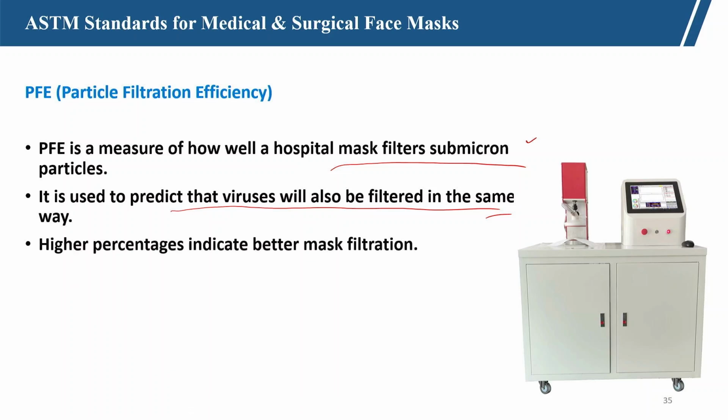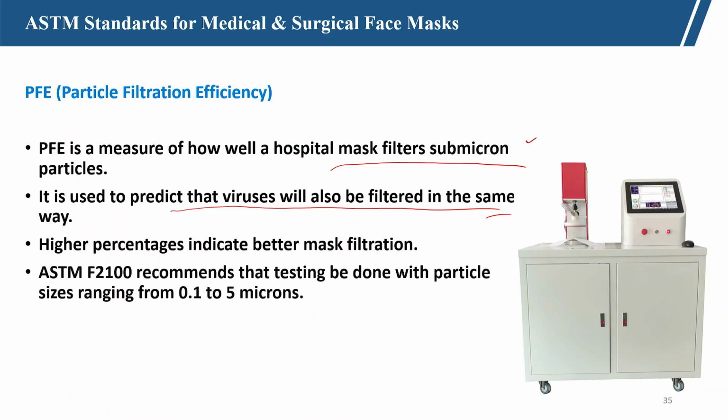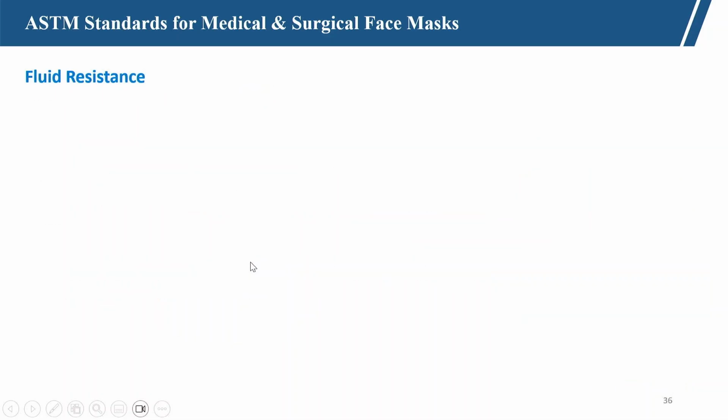A high percentage indicates better filtration. ASTM F2100 recommends testing with a particle size of 0.1 to 5 micron.